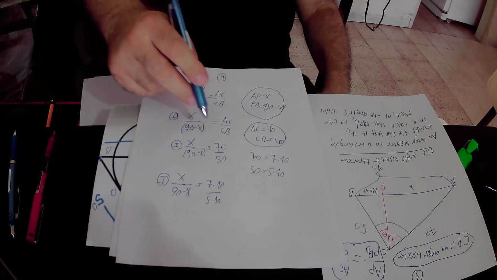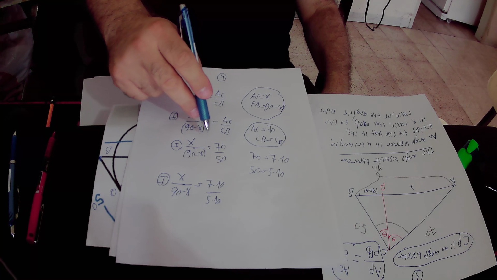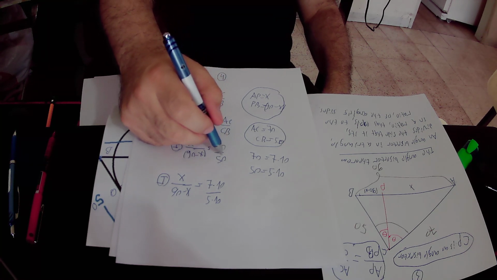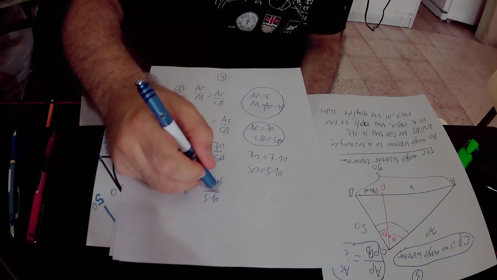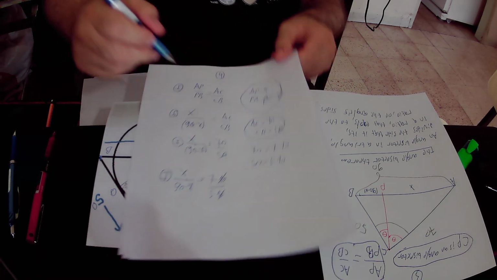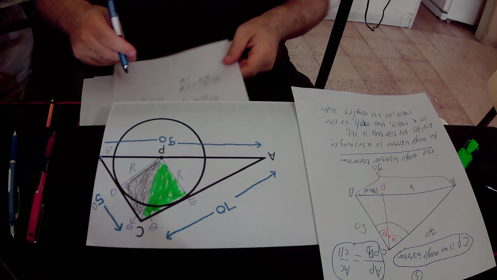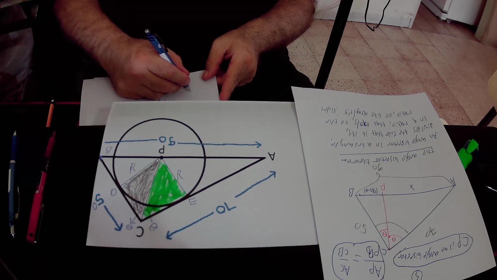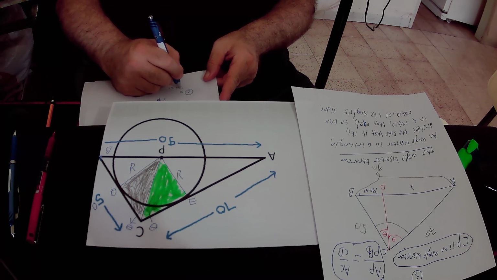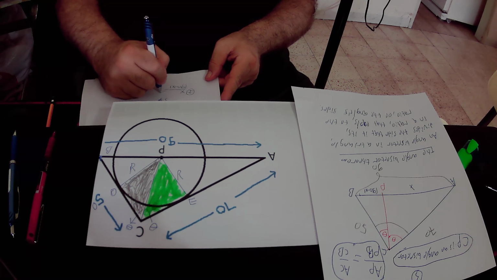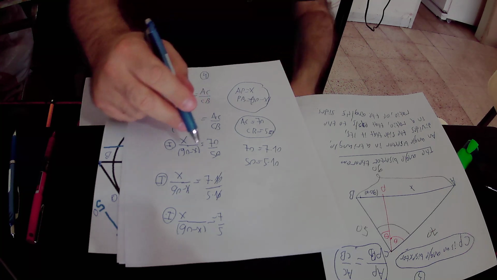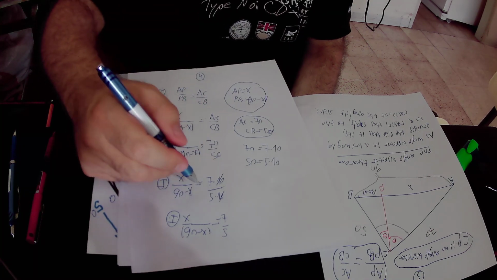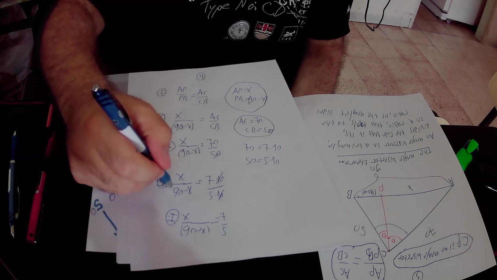Now we have 10 in the numerator and 10 also in the denominator, so we can cancel 10. We'll get that x over 90 minus x equals 7 over 5.